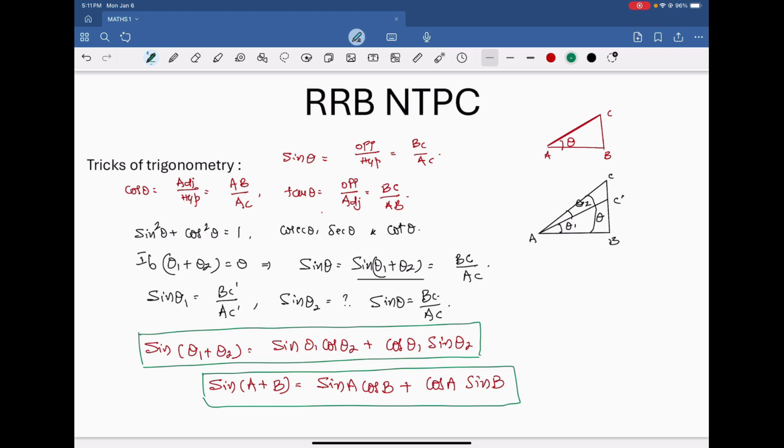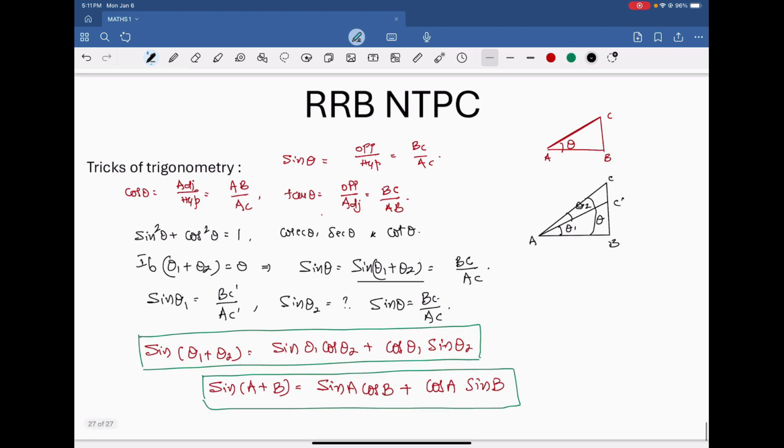Now, in these equations, sin theta 1 is known to us, sin theta is known to us, and since theta is equal to theta 1 plus theta 2, we have written sin theta 1 plus theta 2 is equal to sin theta.